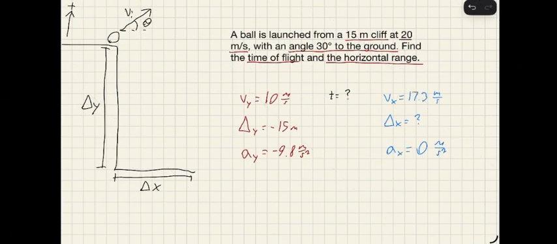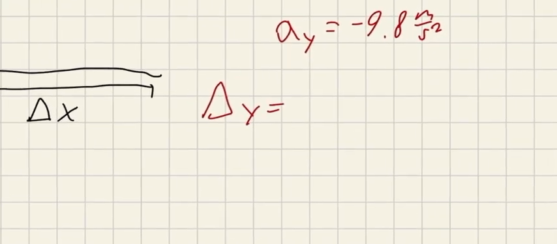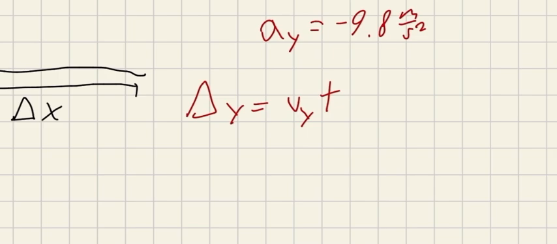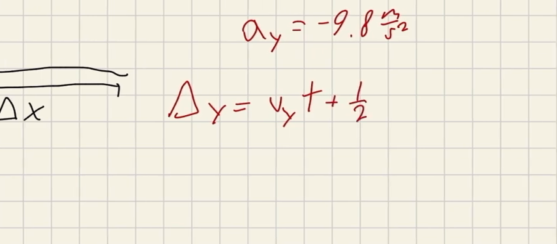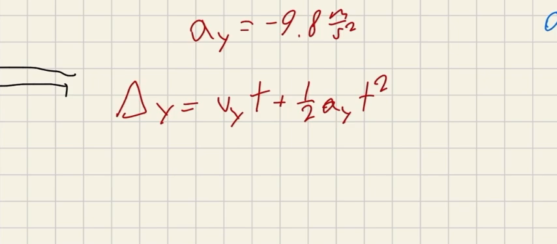Looking at the y variables first, we have velocity in the y direction, change in the y direction, and acceleration in the y direction. And we're missing time. The kinematic equation that we can use for this is delta y is equal to initial velocity in the y direction times time plus 1/2 acceleration times time squared.